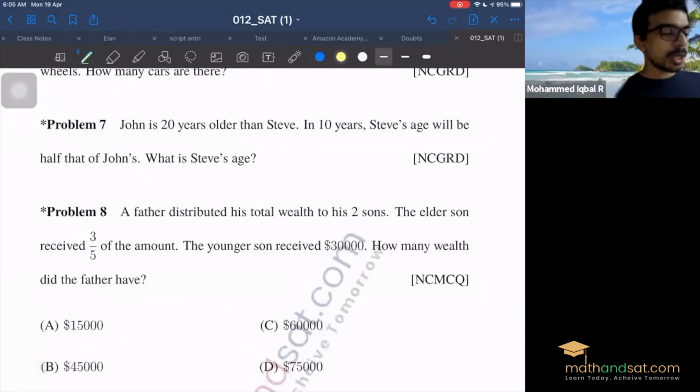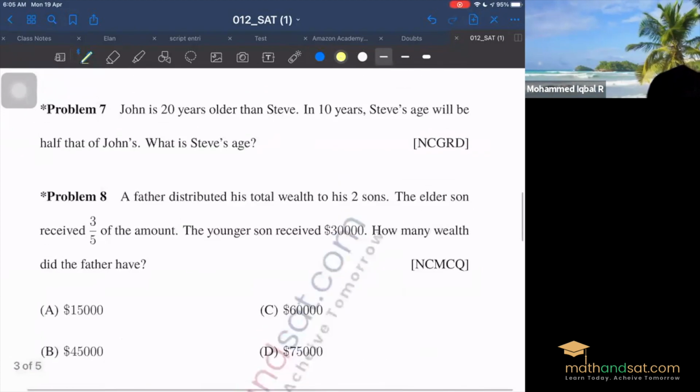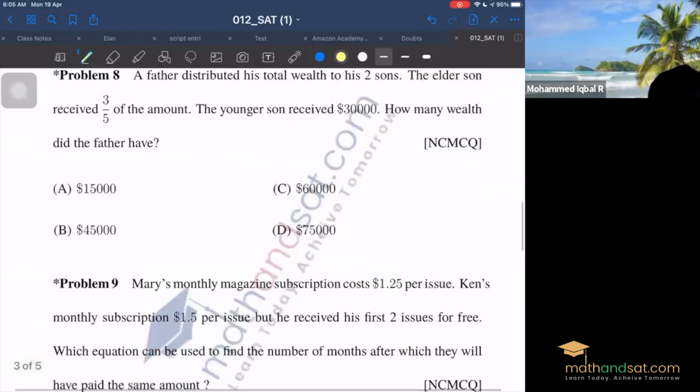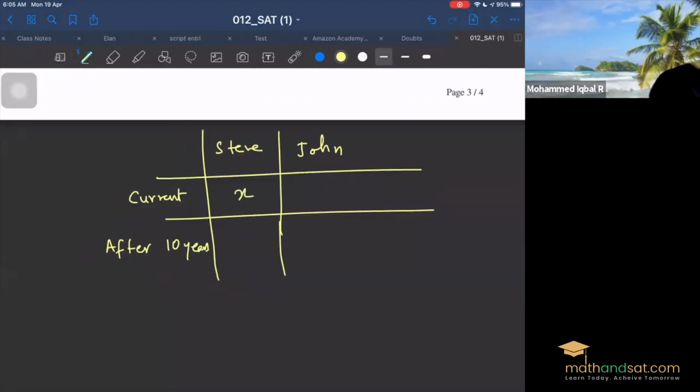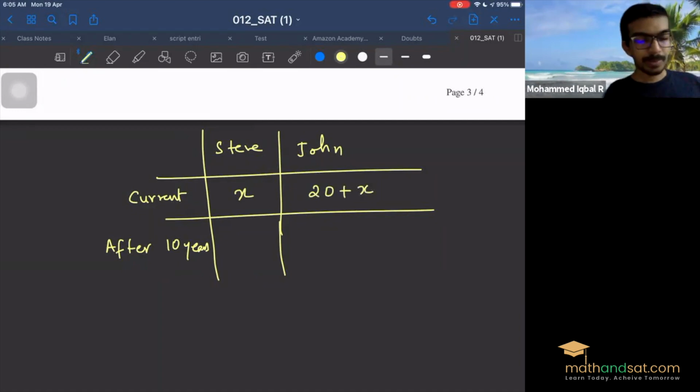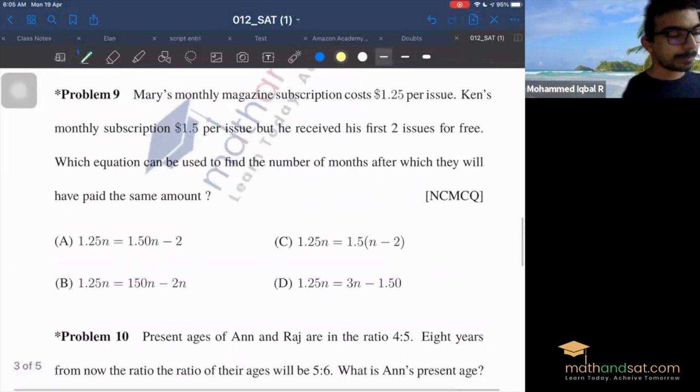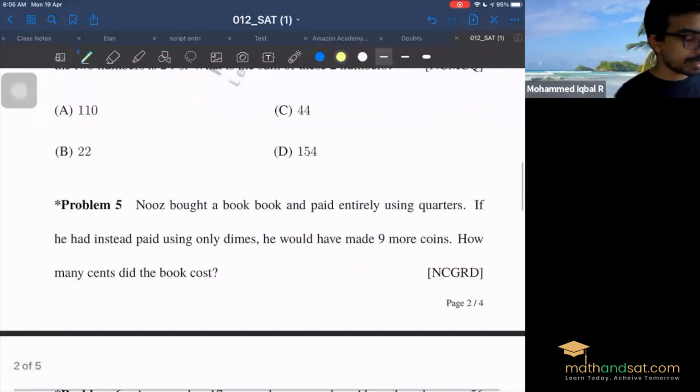So currently John is 20 years older than Steve. If I say Steve's current age is X, John is 20 plus X, right? So I've chosen Steve's current age as X. That is what the statement says.